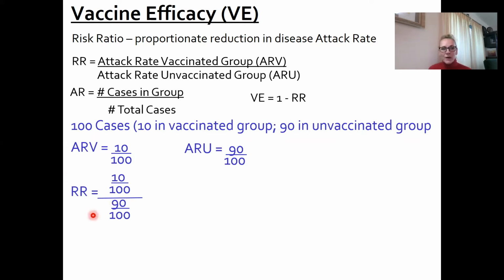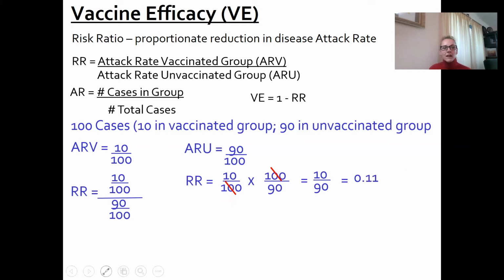So if you remember your high school or junior high math, when you have a division with a ratio like this, you actually flip it over. So then it's 10 over 100 times 100 over 90. And so these two terms cancel themselves out, and you have 10 over 90 or 0.11.